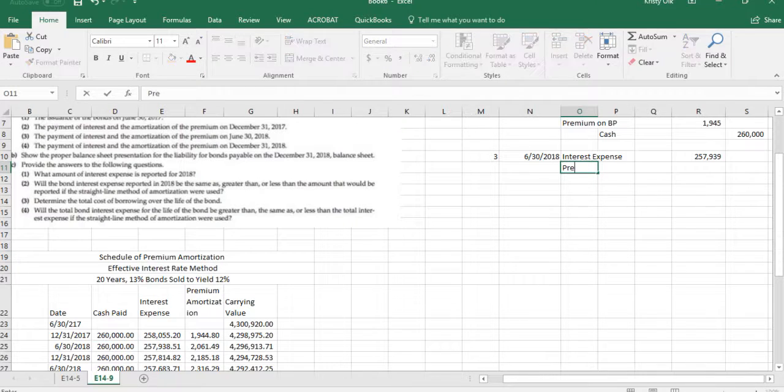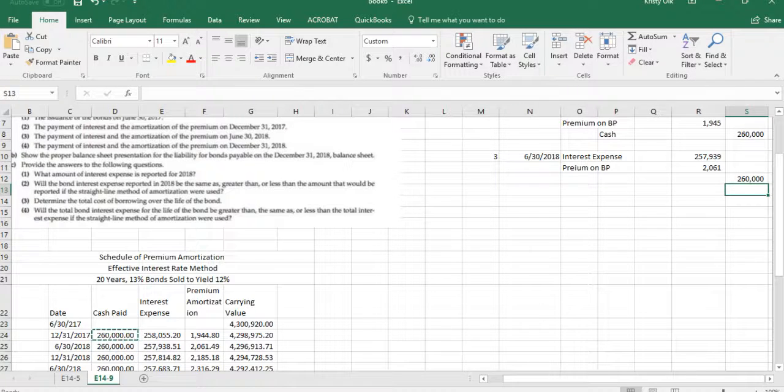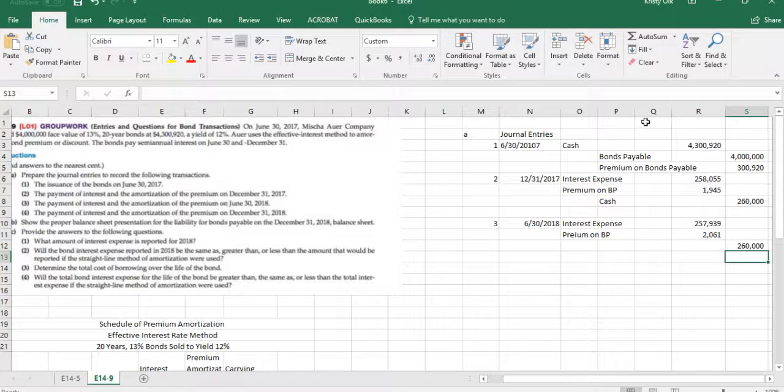We have a premium on bonds payable amortization, and that is $2,061.49. And then, of course, we have our cash payment, which is the $260,000, which never changes. But as you notice, the amount of premium amortization increases and the interest expense is decreasing.